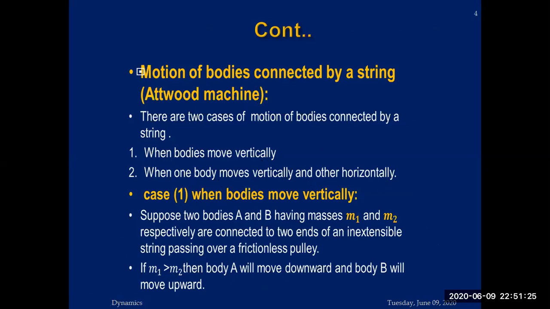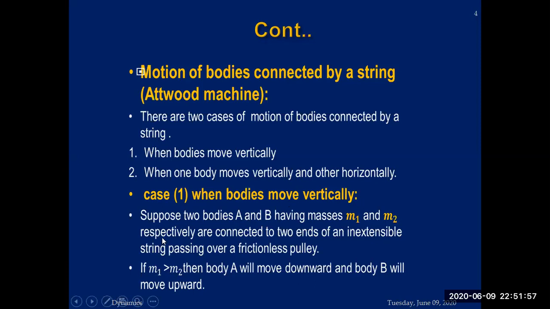The question asked on this topic is: two bodies are connected with a string which passes over a frictionless pulley, and you have to calculate tension and acceleration. The other case is when one body rests on a table and the other hangs vertically. Both are connected with a string which passes over a pulley, and you are again asked to calculate acceleration and tension.